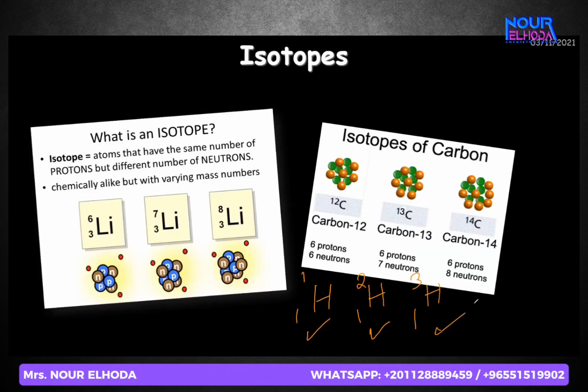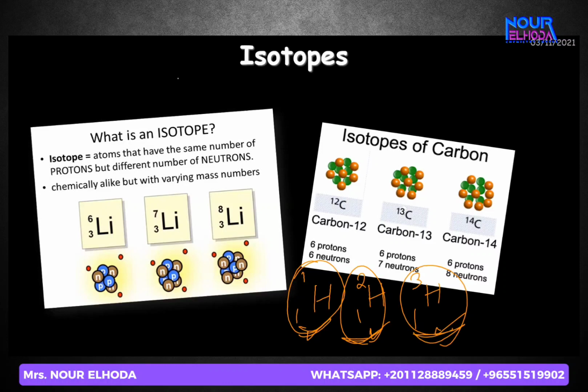The hydrogen in the periodic table is hydrogen 1, but they found some atoms are hydrogen 2 and hydrogen 3.